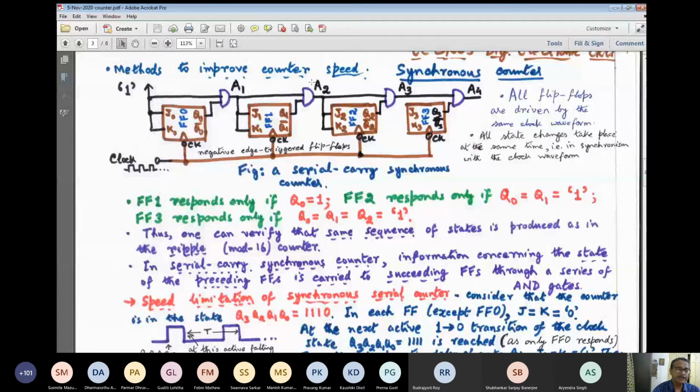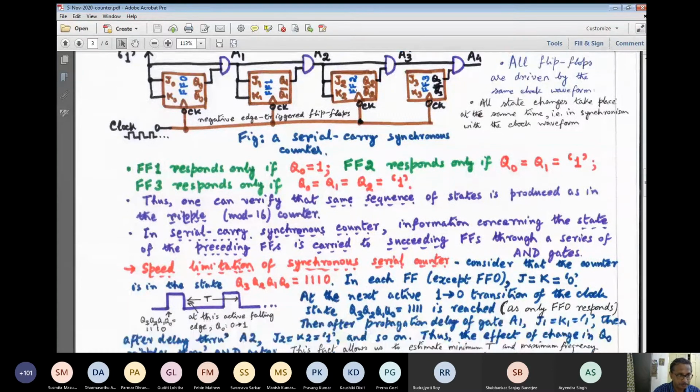If you have to find the delay for the state to be carried over to J3 K3, it will be through 3 AND gates: once Q0 becomes 1, it passes to A1, then A2, then A3, and from A3 to J3 K3.